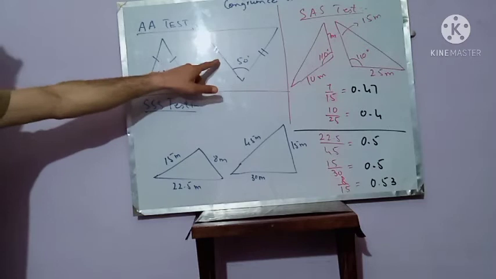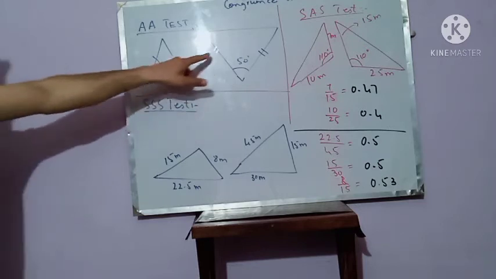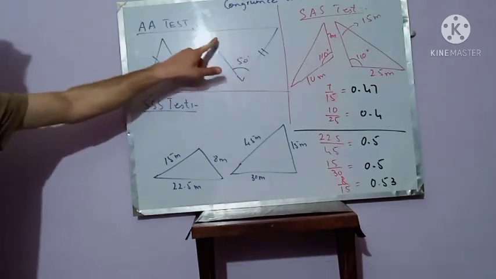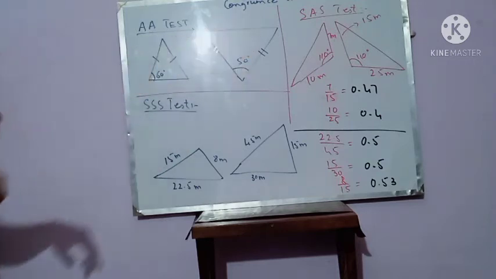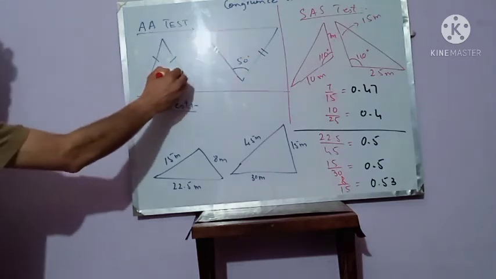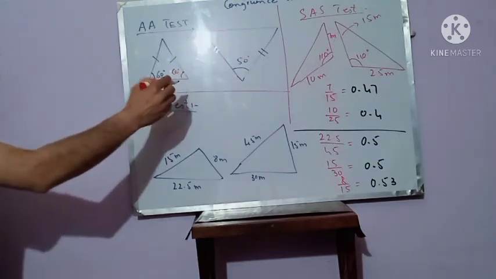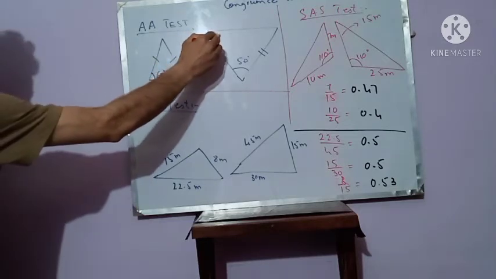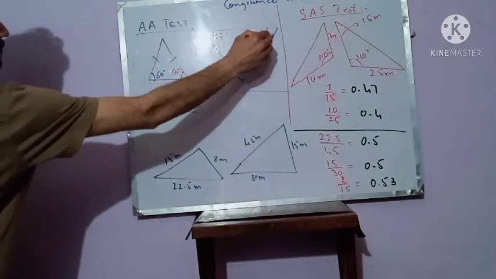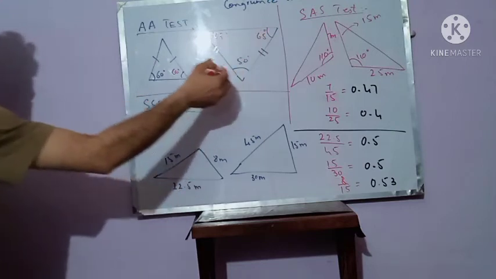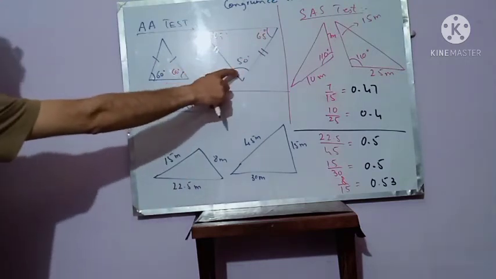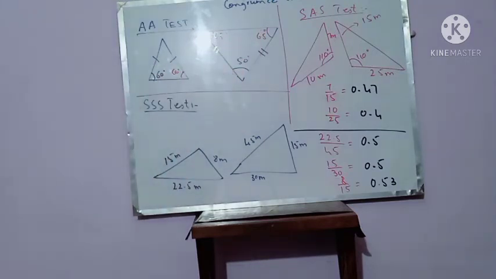In that diagram also, these two sides are the same, so the base angles are equal, right? So here we have 60 and here we have 65, because there is 50, so when you subtract 50 from 180, that is 130, and when you divide 130 by 2, we get 65.